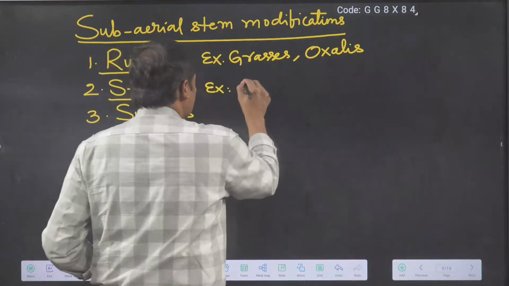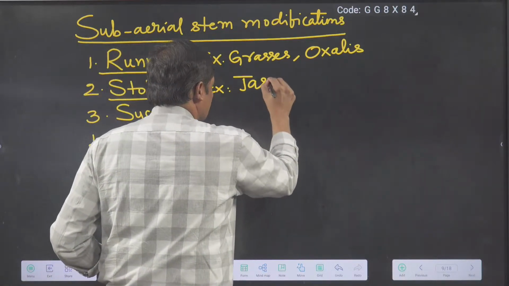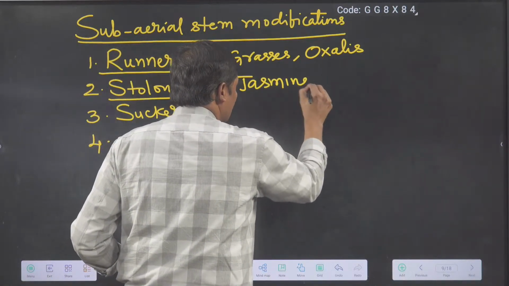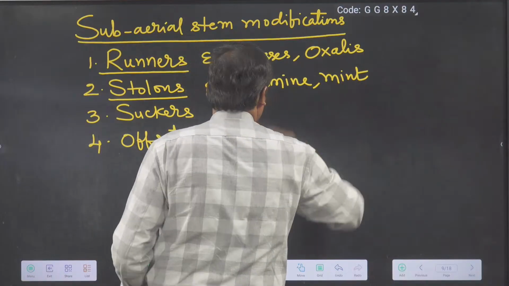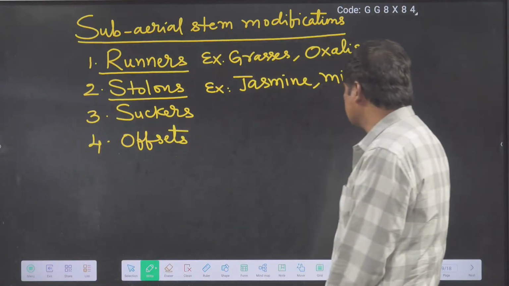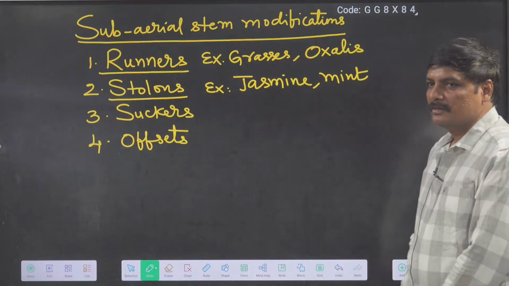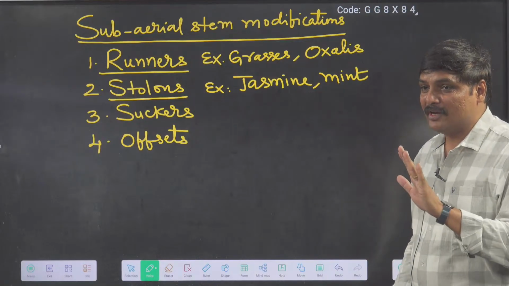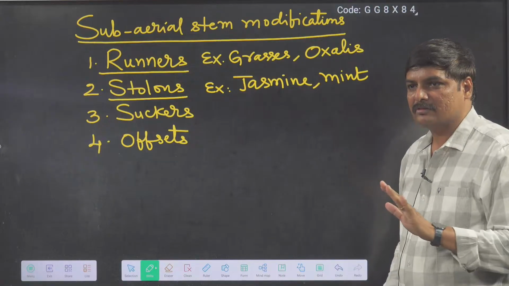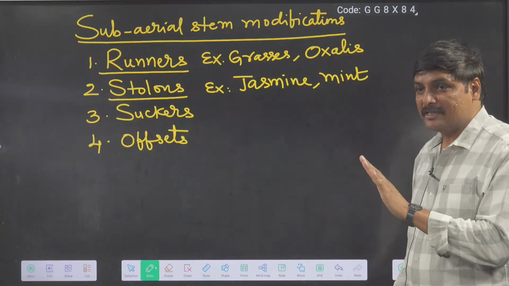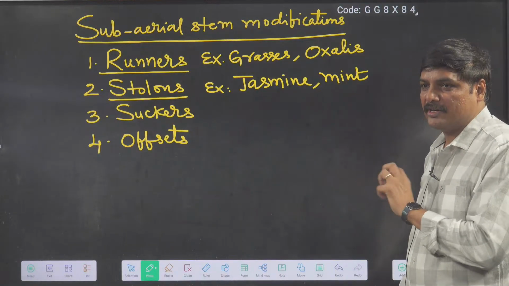Seen in jasmine and mint. I am explaining only briefly. We are not going deep into the account. Only we are teaching peripherally these basic points. Okay?